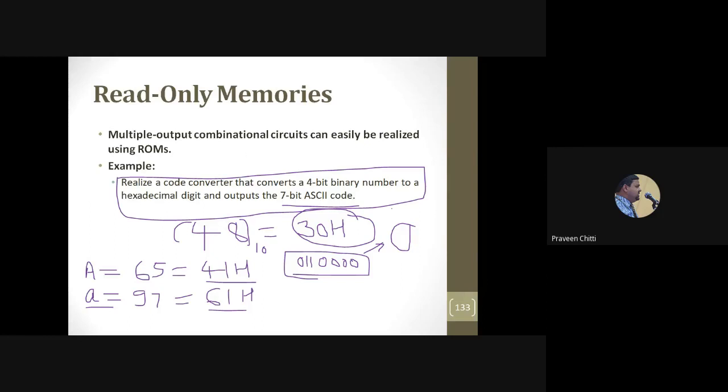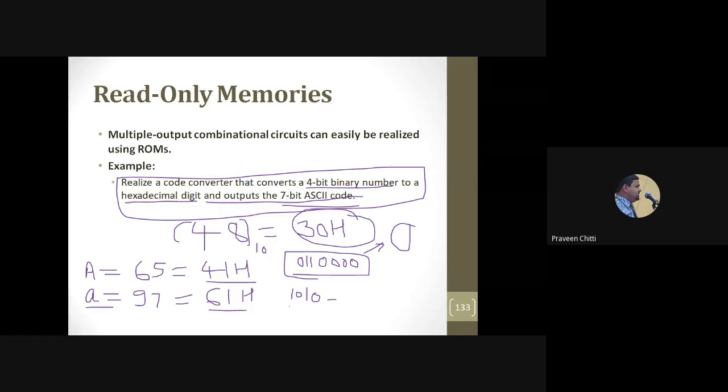That means if I give you an input, say 1010, a 4-bit binary number, first it should give me the equivalent hexadecimal digit. What is the equivalent hexadecimal digit for 1010? I will be giving you input as a 4-bit binary number. Then you have to give me the equivalent hexadecimal digit and then output the equivalent 7-bit code for that hexadecimal digit.